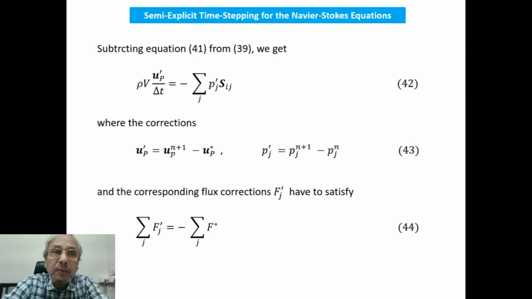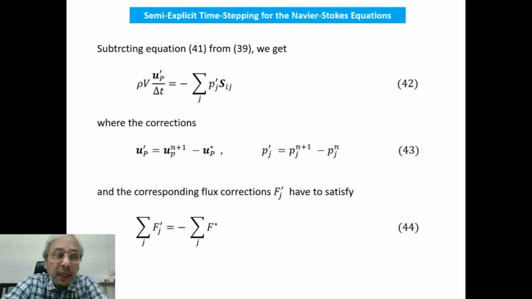In 39, pressure is at level n plus 1, and the velocities are advanced to the level n plus 1. We can call all the velocities to be at level n plus 1 because the pressure is also at level n plus 1. This is basically the projected velocity.